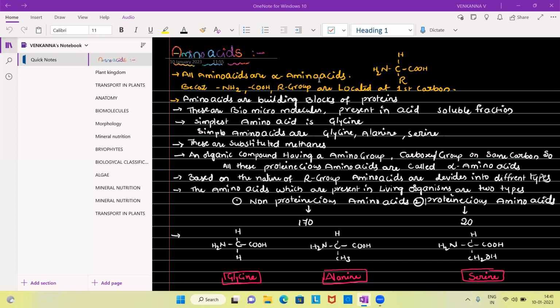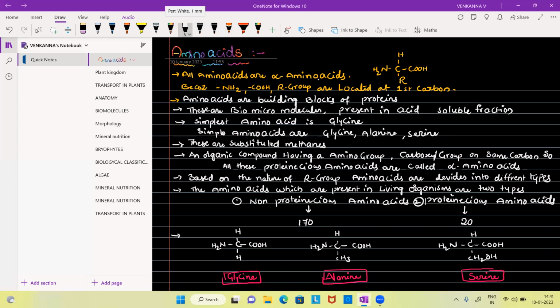In IUPAC naming, the first carbon is alpha carbon, second carbon beta carbon, and third carbon gamma carbon, and so on. So the amino group and carboxyl group are arranged at the first carbon, the alpha carbon position. Due to the presence of all groups at the alpha carbon position, the amino acids are called alpha amino acids.